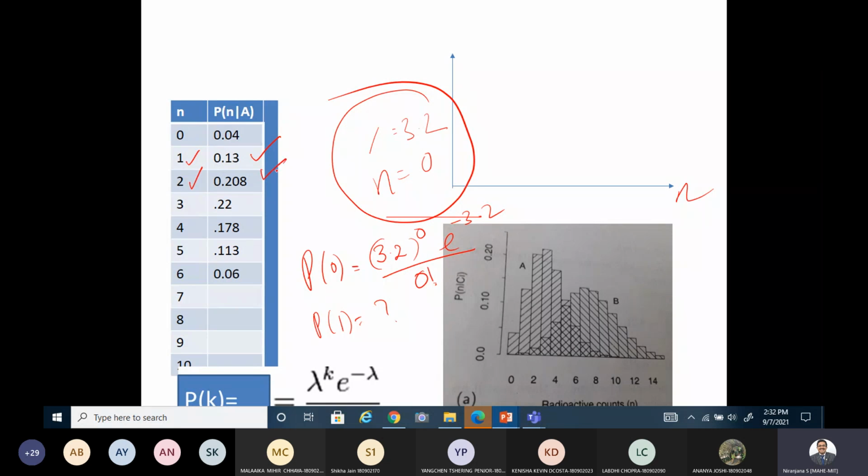So on, you calculate for P of 2, P of 3, and so on. Then you can plot this curve. This step is for P of 0, P of 1, P of 2, P of 3, 4, 5, and so on.